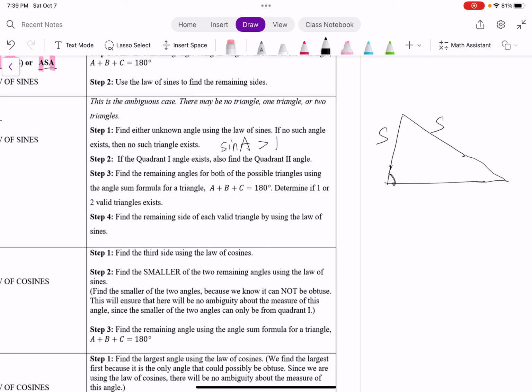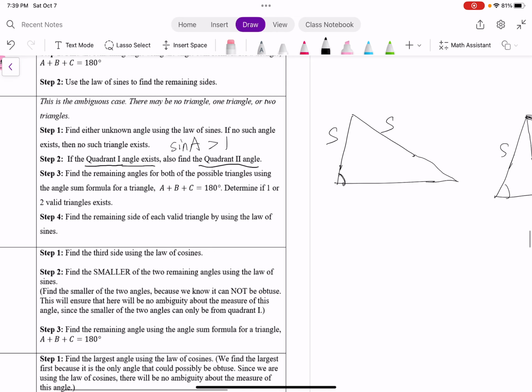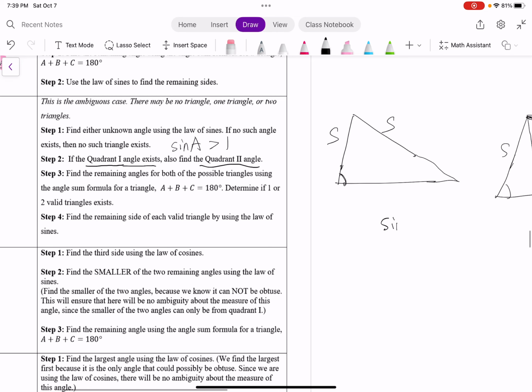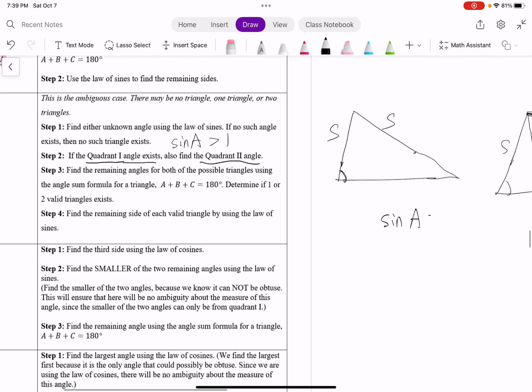Step 2, find the quadrant 1 angle, and also find the quadrant 2 angle. That means when I'm solving my equation, I got sine A equals, for example, 1/2. So sine A is positive in the first quadrant or second quadrant.